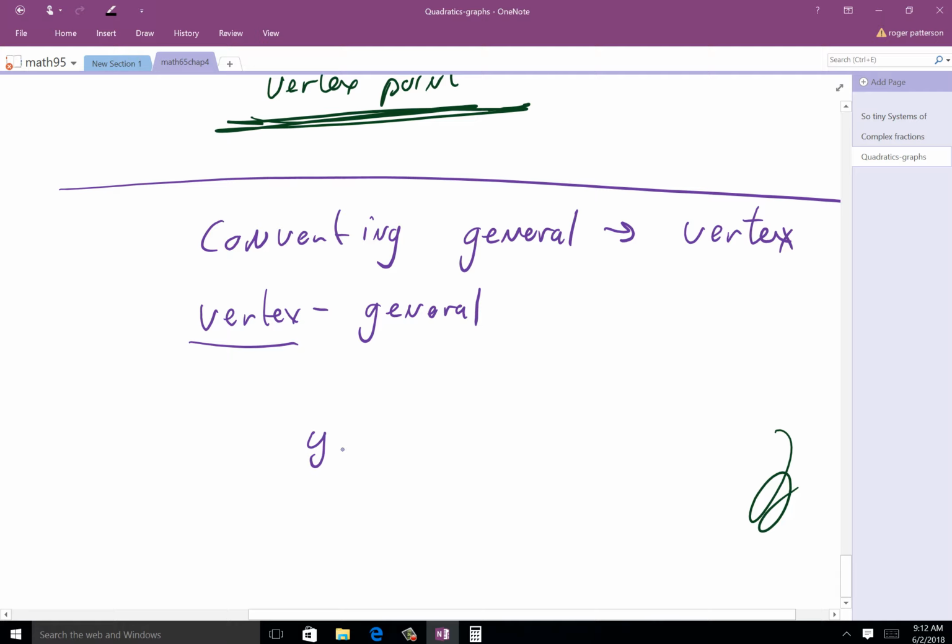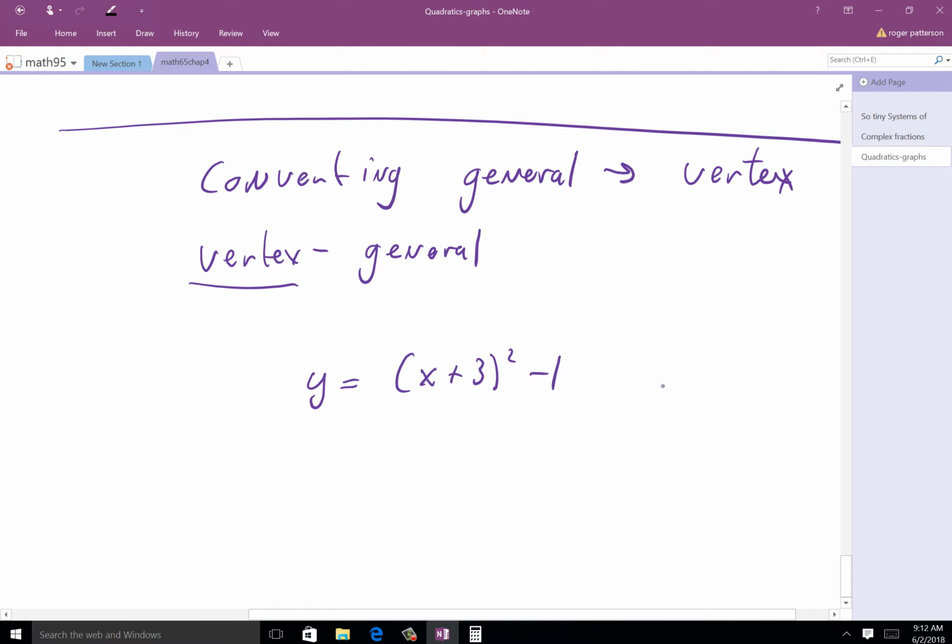So let's say we start off with (x plus 3) squared minus 1, and we're going to convert this to ax squared plus bx plus c. Not sure why we want to do that, because this tells us about the graph, tells us the vertex, I can do everything, but they kind of want us to be able to do it.